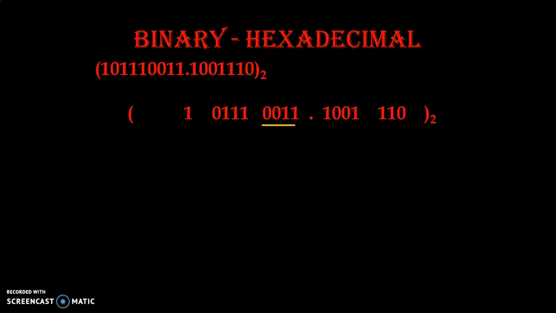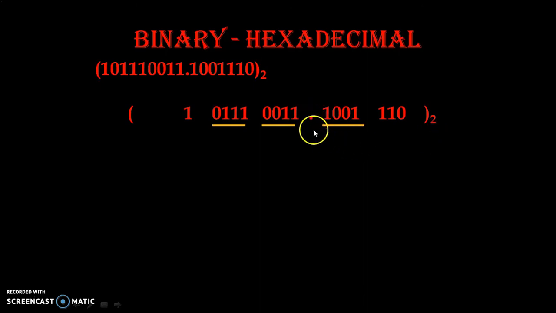So we have one group ready. We have another group ready. So we have identified 2 groups on the integer side. In similar way, on the fractional side we have one group ready. See, we have to start from the least significant bit for the integer value.